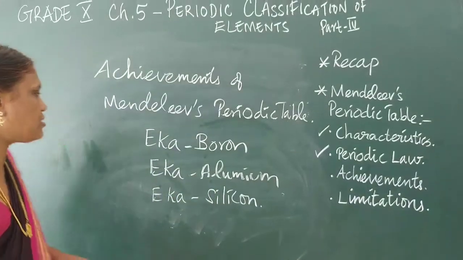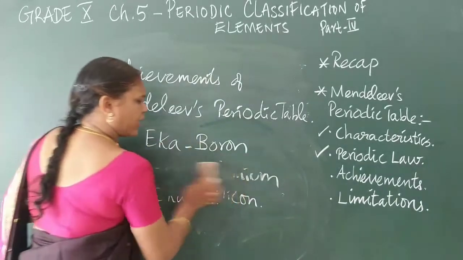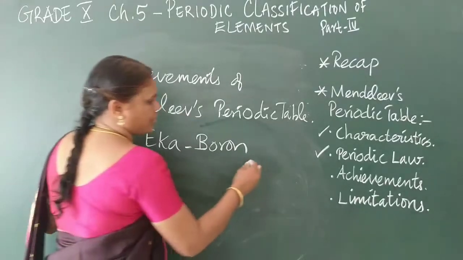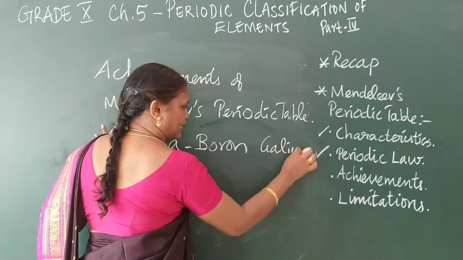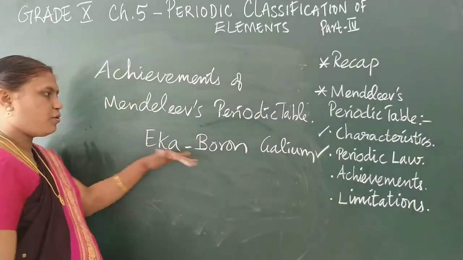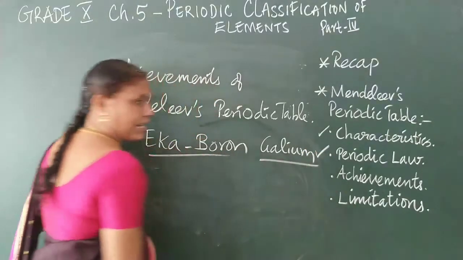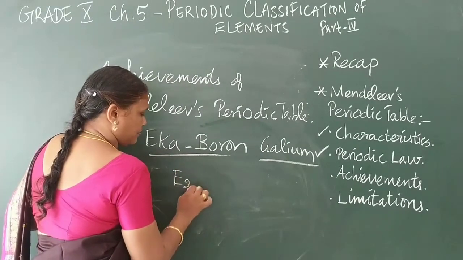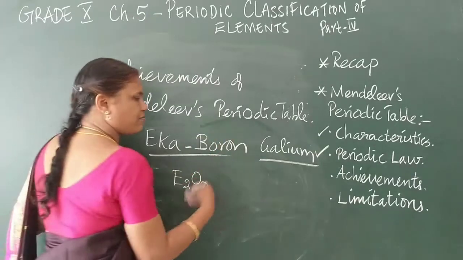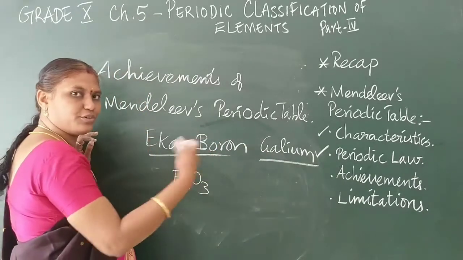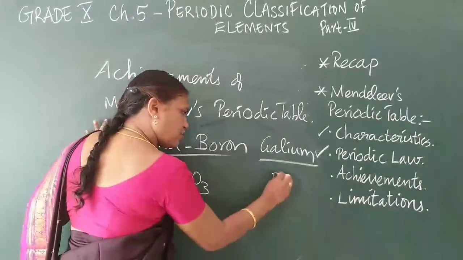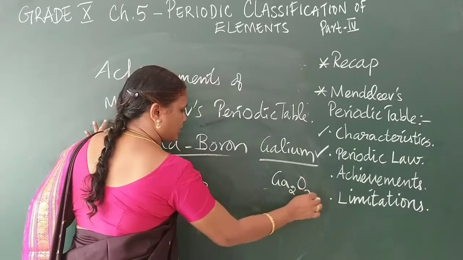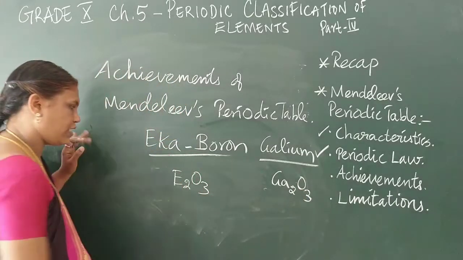And when Eka boron was discovered, what is that? When it was discovered, the name given to it is gallium. He said that Eka boron will have this valency. When they discovered it and made it react with oxygen, they got the same, Ga2O3.